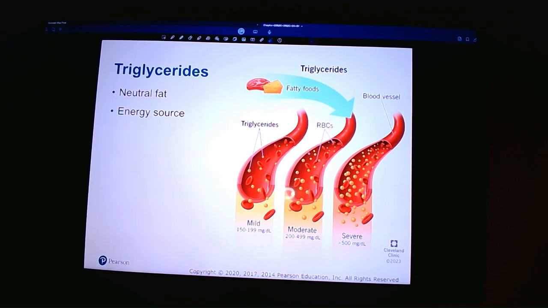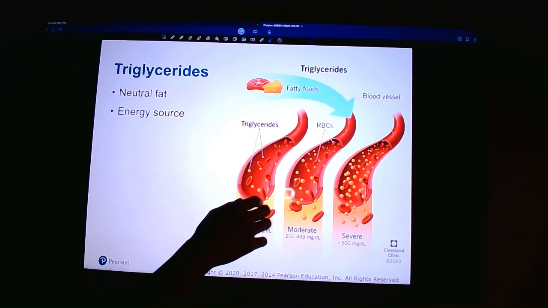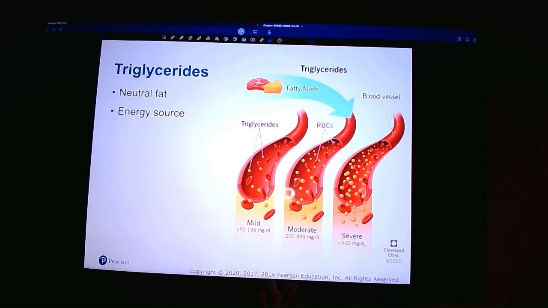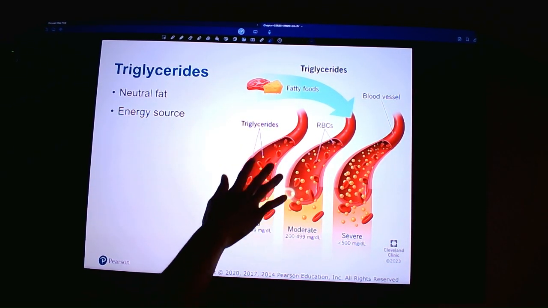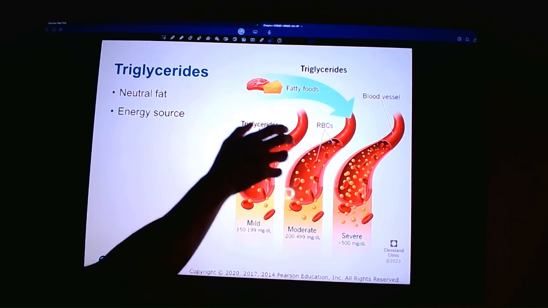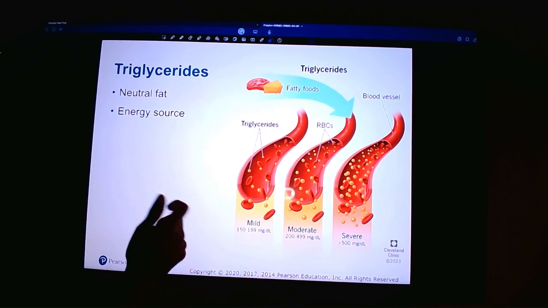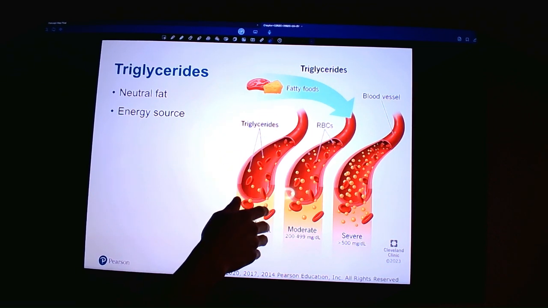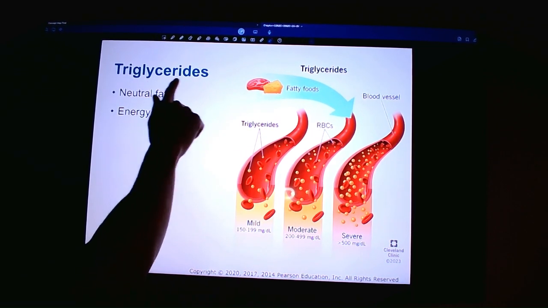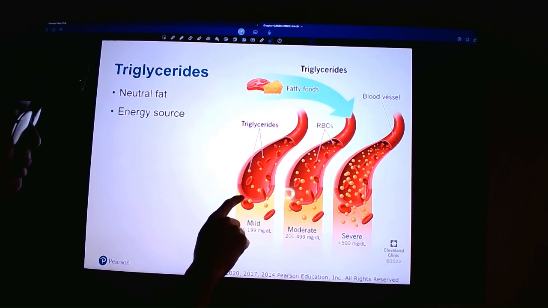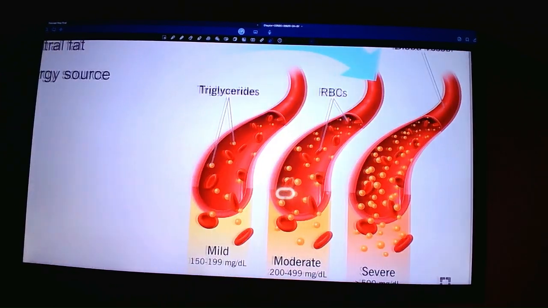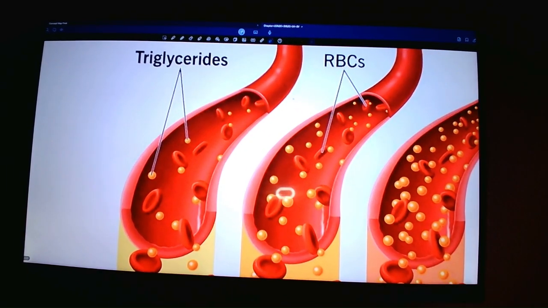When it comes to triglycerides, fat is still energy, it's just unused energy. We want to have it very close to this main road where we can easily pull from it if needed, right? That's the reason why a lot of times these triglycerides end up building plaque inside of the membrane. So we're going to zoom in a little bit to get a better picture.